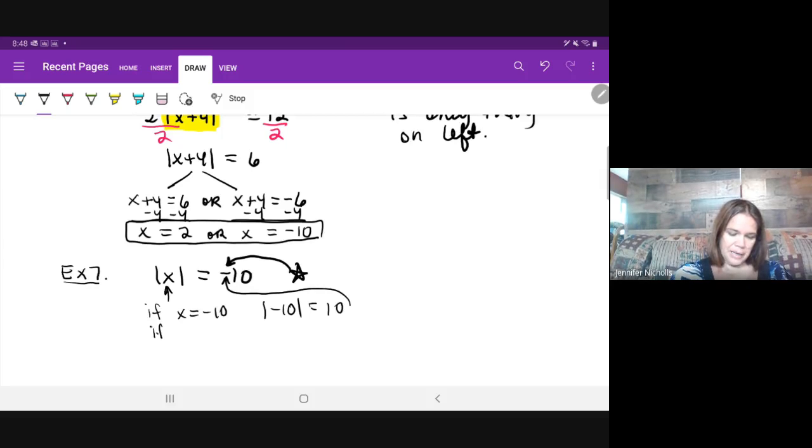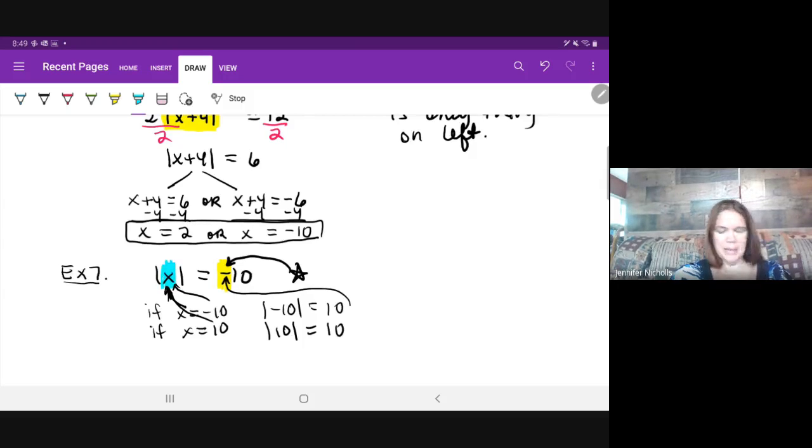How about if I put in x equals 10? What's absolute value of 10? 10. So you guys, how am I going to get this negative? What could I put right here for x that gives me negative 10?